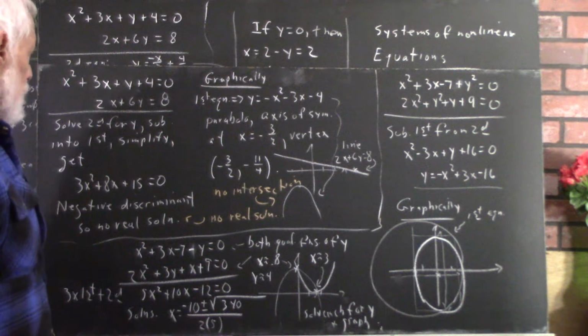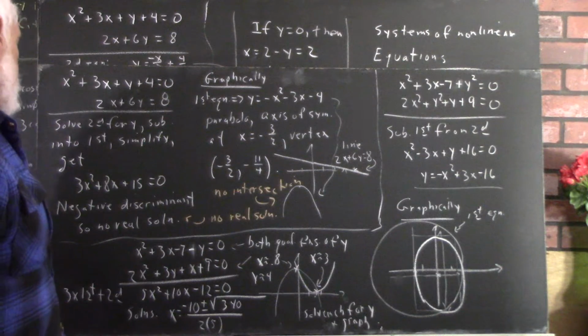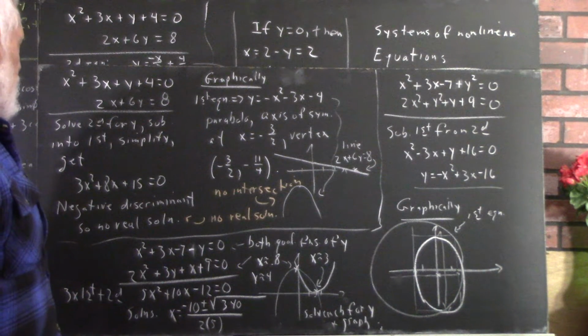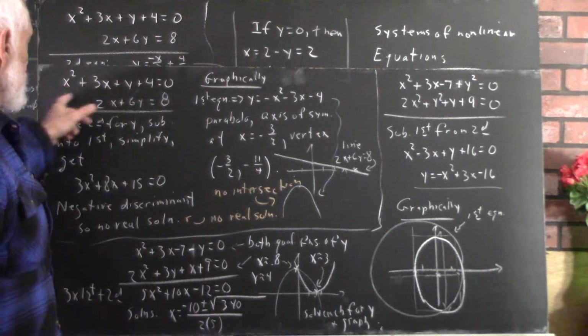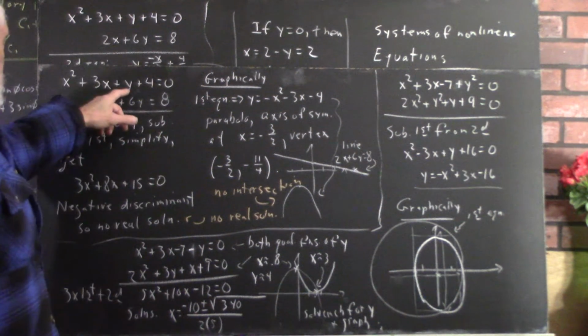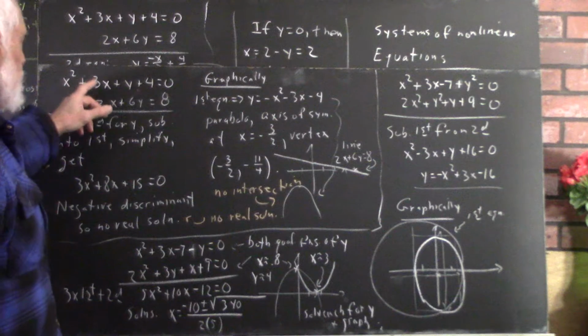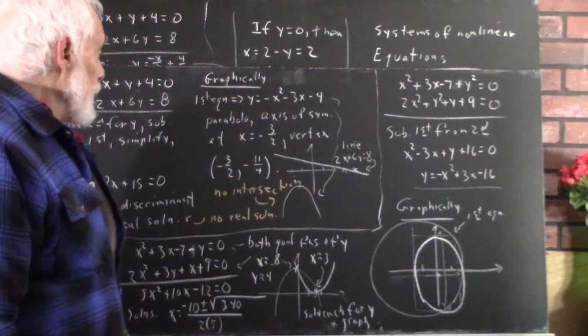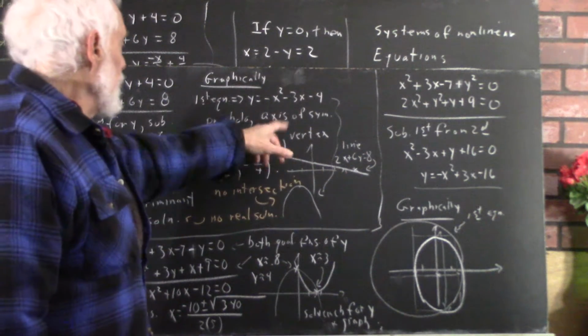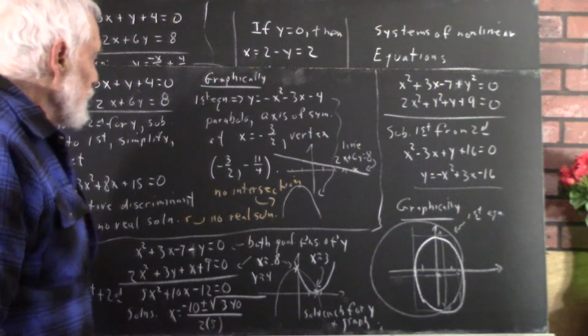Well, what does that look like if we graph it? Graphically, your first equation can be written as y equals negative x squared minus 3x plus 4. Just get all that stuff on the other side. That's a parabola. Its axis of symmetry is x equals negative 3/2.